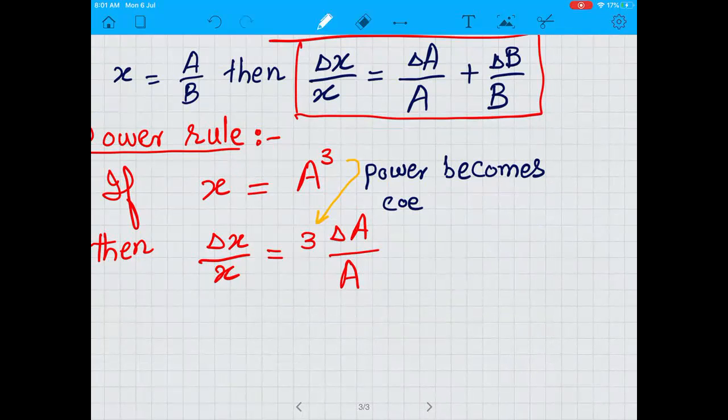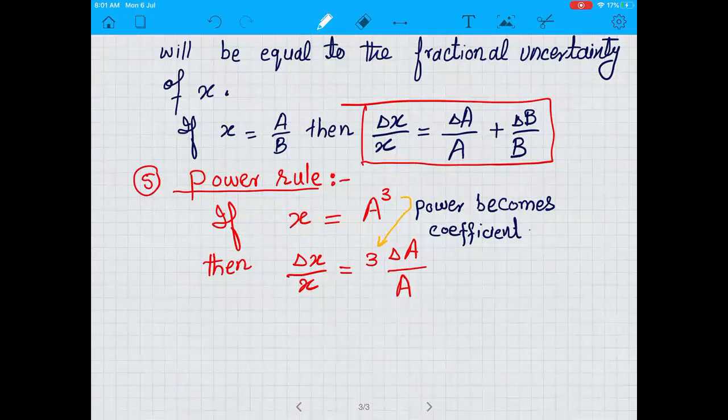So that is the main thing. So whenever you write a formula for uncertainty, the powers in the original formula will become coefficients in the uncertainty formula.